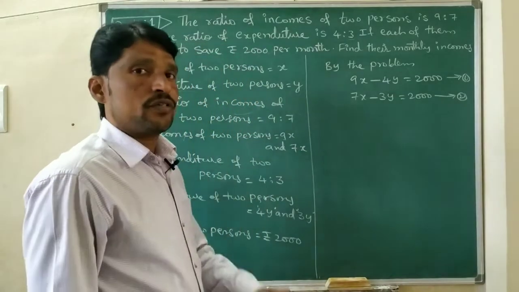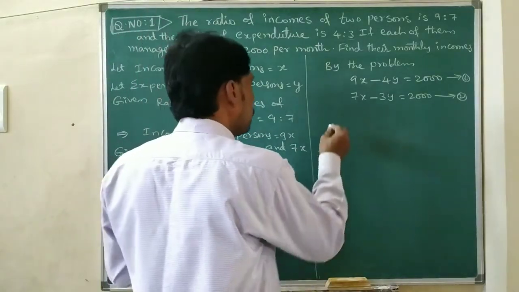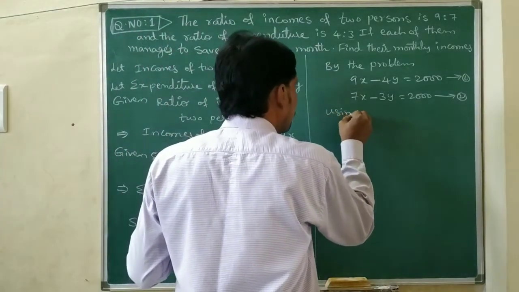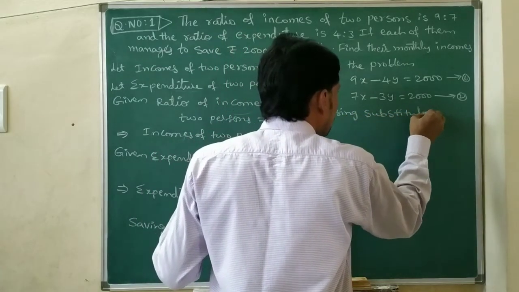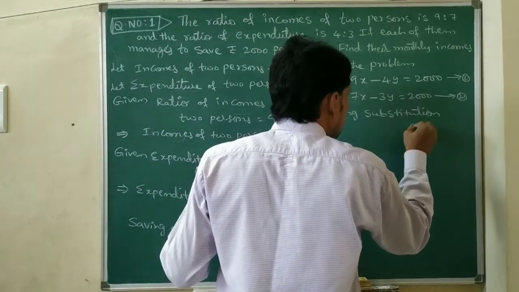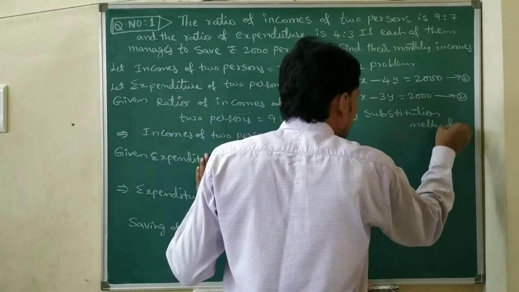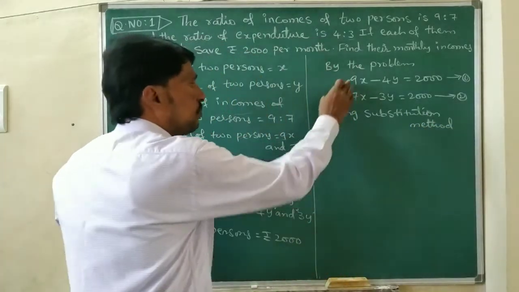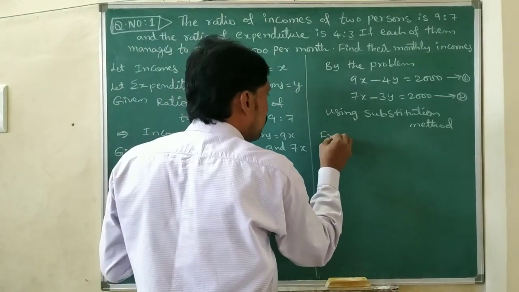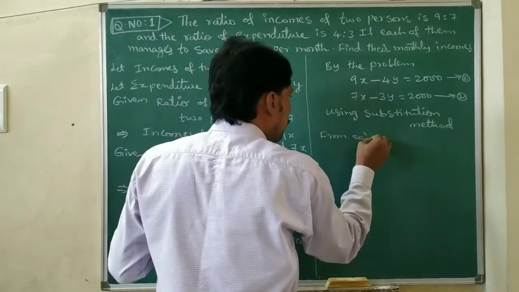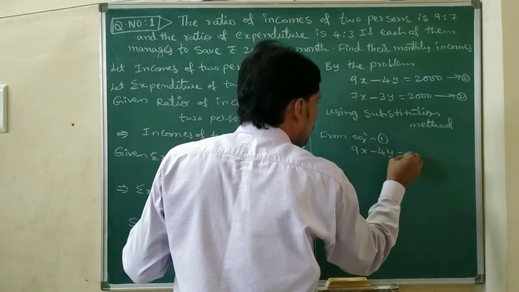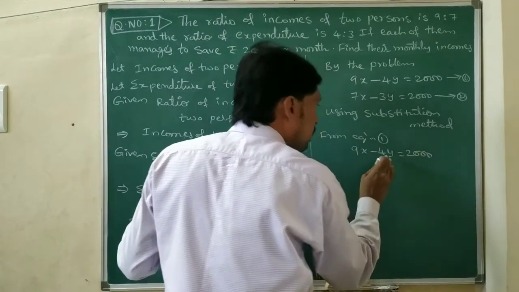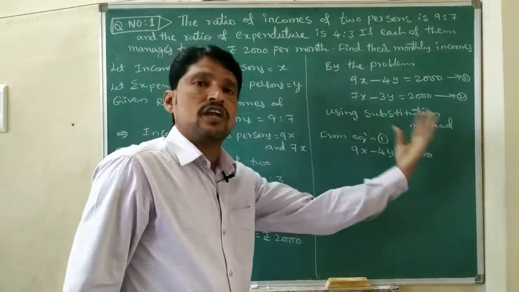Now here we are using the substitution method. So using the substitution method, from equation number 1, 9x minus 4y equal to 2000, this minus 4y you have to transpose.